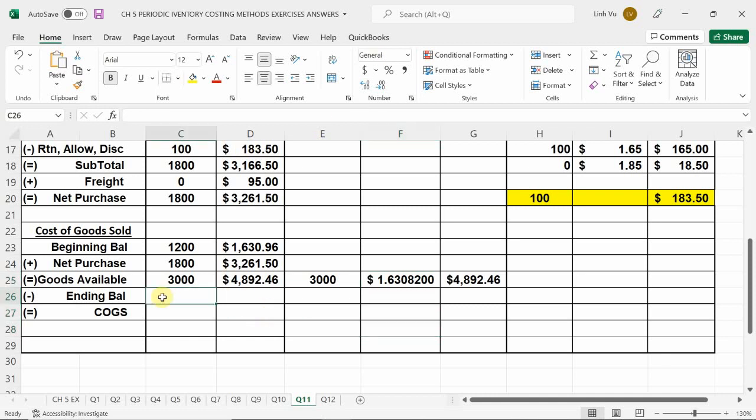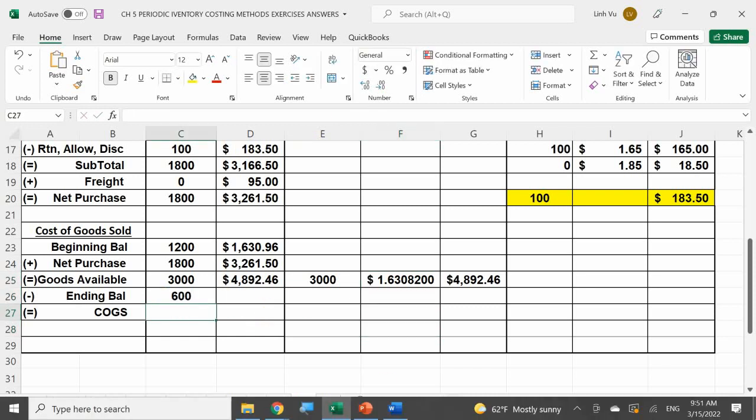Good. So in this case, we know that at the end of November, we had 600 units left. So my assumption is I must have sold how many units? 2,400. Good.